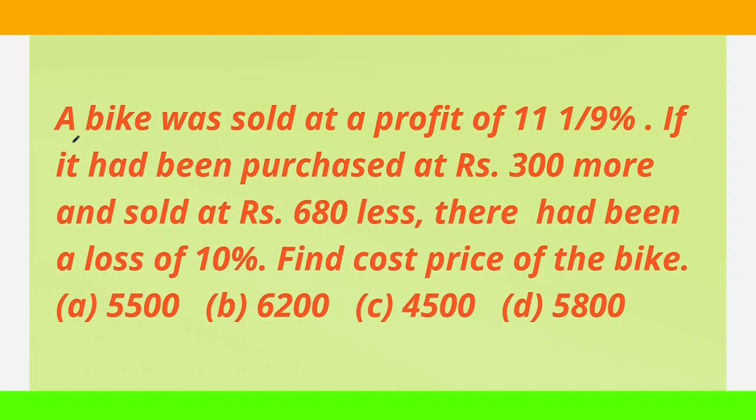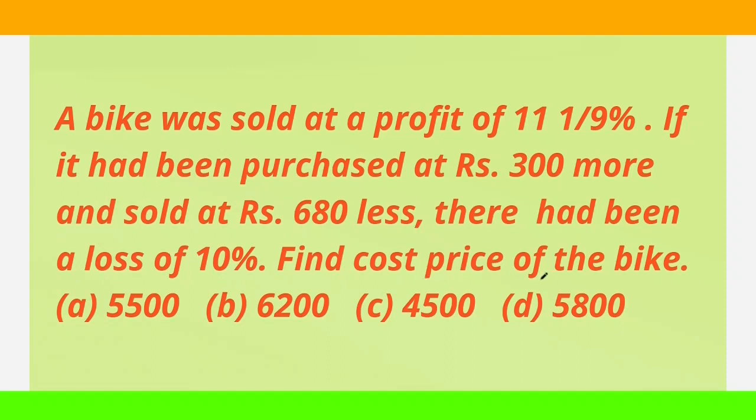Our question is, a bike was sold at a profit of 11 whole and 1/9%. If it had been purchased at rupees 300 more and sold at rupees 680 less, there would have been a loss of 10%.